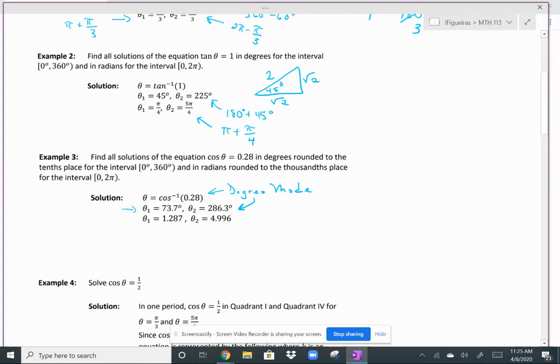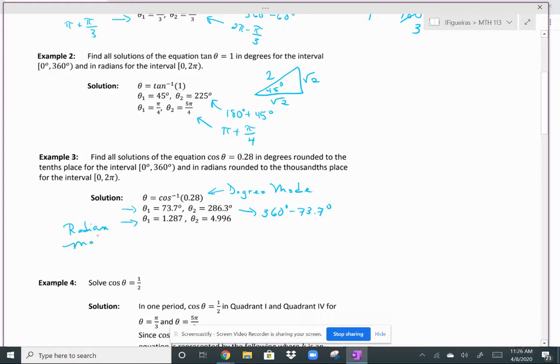That's in quadrant 1. But we know that cosine is positive in quadrants 1 and 4. So in quadrant 4, you would do 360 minus 73.7 degrees, and you get 286.3 degrees. To find the second set of values here, you have to now be in radian mode.